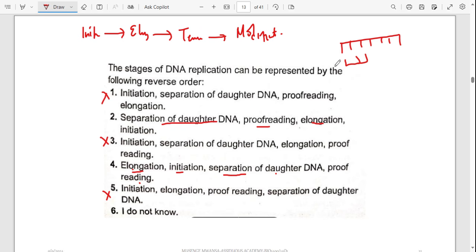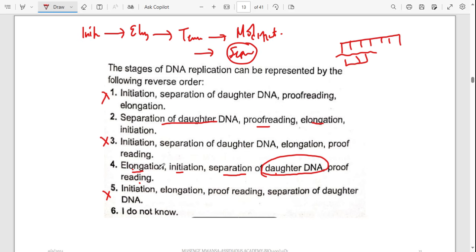Even before you remove this new chain, you can do proofreading. The daughter strand is the strand that you are forming. The parent is the one the new strand is coming from. So before you separate, proofreading is actually going to happen. After termination, there's going to be separation, but before separation can happen, you are going to have proofreading. Okay, hope we get that.